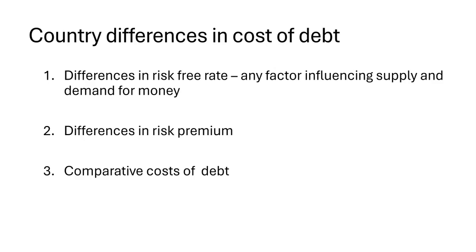All right. And this tends to be pretty much determined by supply and demand for money. And then on top of that risk-free interest rate is going to be the premium, the risk premium. So how much more would the interest rate be?